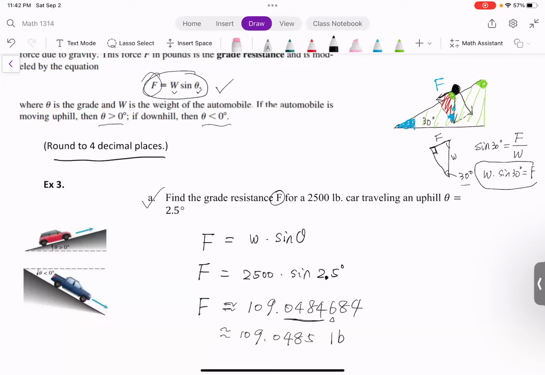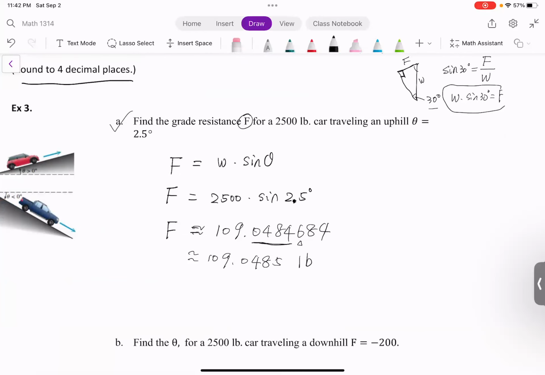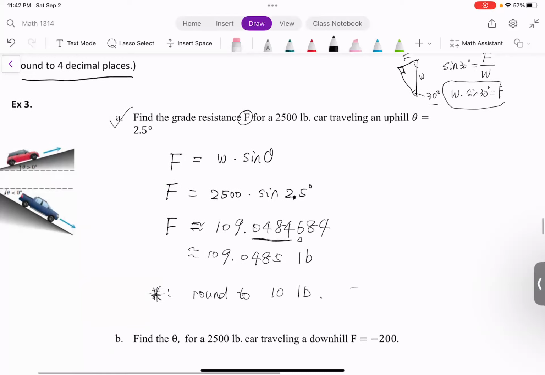If I have a tricky question, I'm putting maybe a star. If it says round to 10 pounds, how to find F? Round to 10 pounds means I need to keep my digits to here.